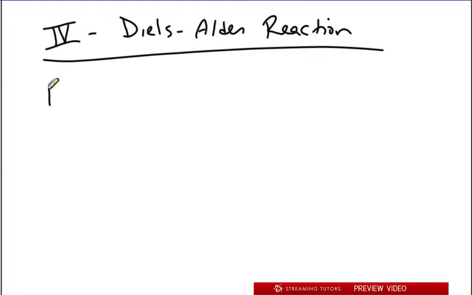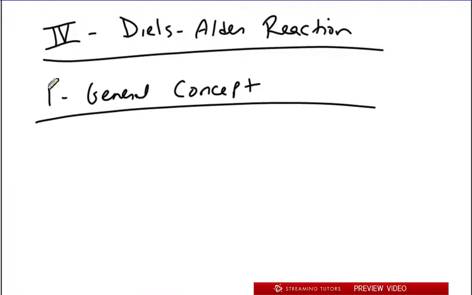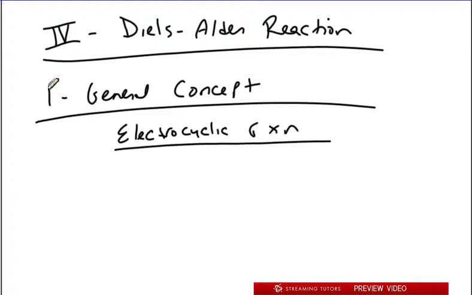The first thing, number one, is let's talk about the general concepts. Okay, so what is this all about? Well, this is called an electrocyclic reaction. And what this means is electrons are moving around in a cyclic formation. Now, there are several different electrocyclic type reactions, but they all have one thing in common.